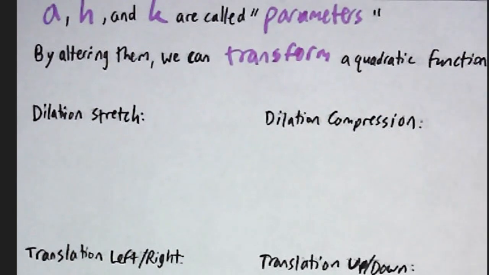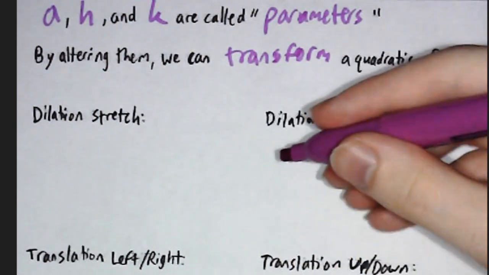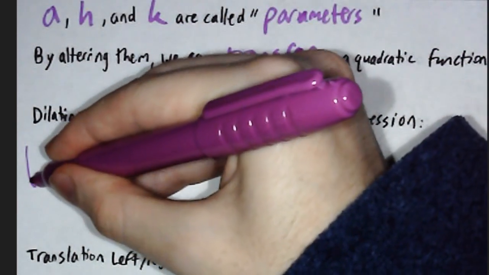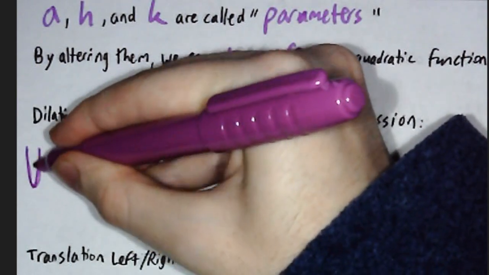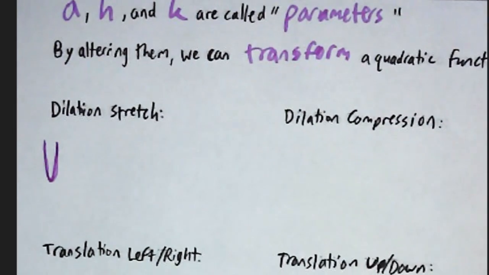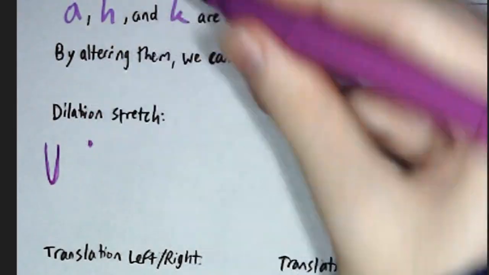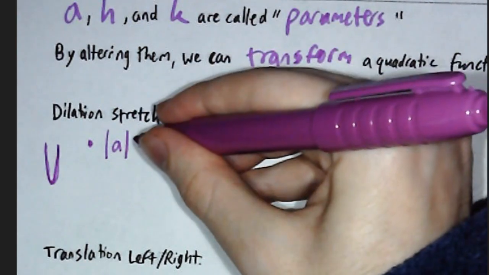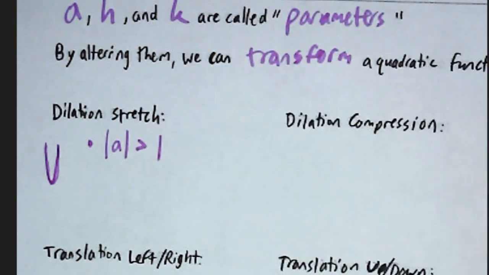So, dilation. Dilation has two forms. There are two types of dilations. The first one is a stretch. So this is where the parabola gets skinnier. This is caused by the absolute value of a being greater than 1.